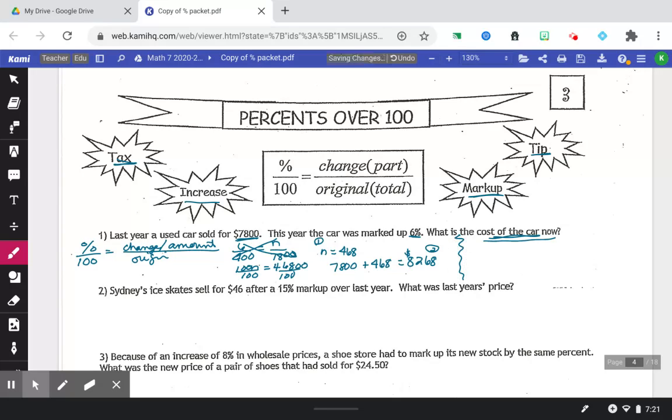Now we're going to solve this in one step. All right, this right here, let's explain what this is saying. To find the new cost, what you are actually doing is you are taking 100% of the original cost. Okay, 100% of what the car cost, because you have to pay for all of that.